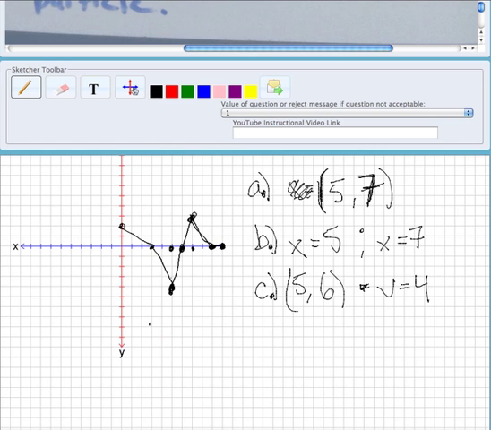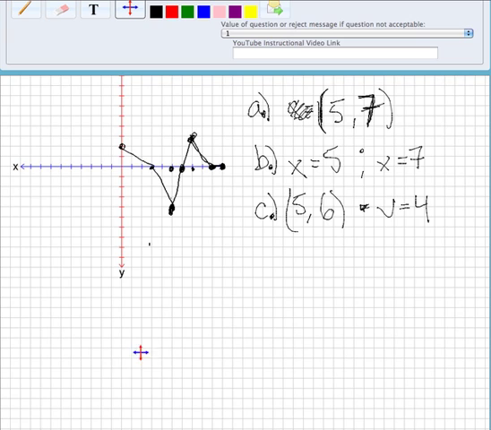I'll show you the graph of the velocity of the function. If we have the position right here, the position function is going to go to the velocity function.